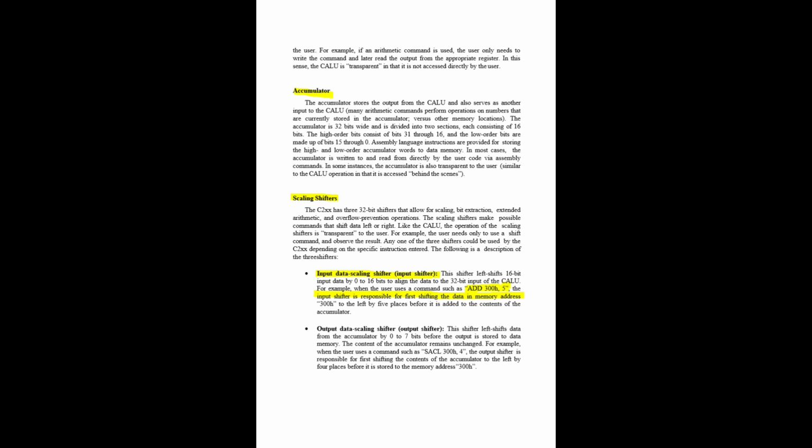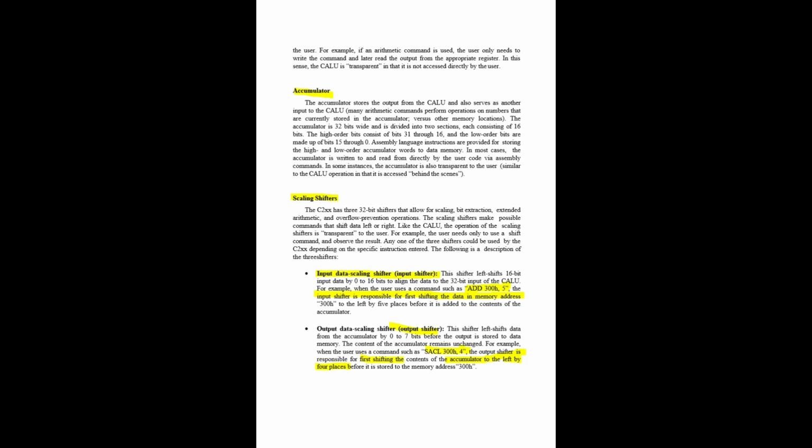Then output data scaling shifter. Output shifter. Here the program line is SACL 300H, 4. Here what it means is that first the accumulator content is shifted towards the left side by 4 places, because in the program it's mentioned 4.